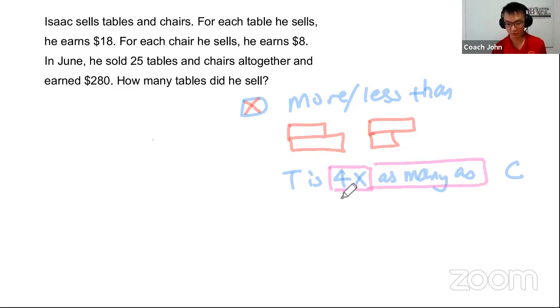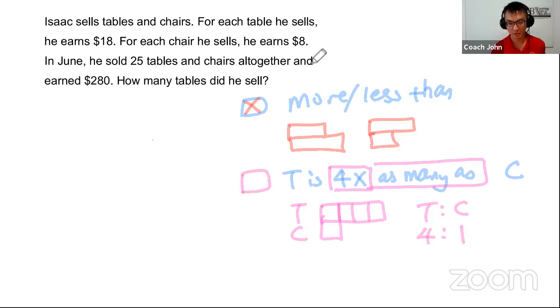Because if you can see this, you can actually draw a model, which is 4 boxes for tables and 1 box for chair. And in P5, you could have used ratio, which is T:C, 4:1. So I asked her, can you find this or not? And she'll say no.